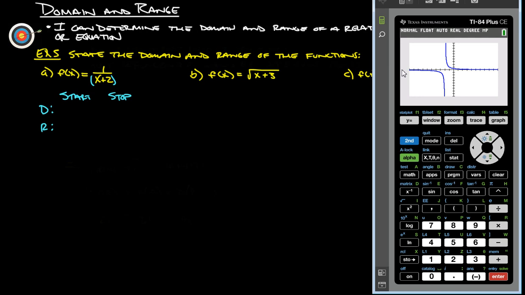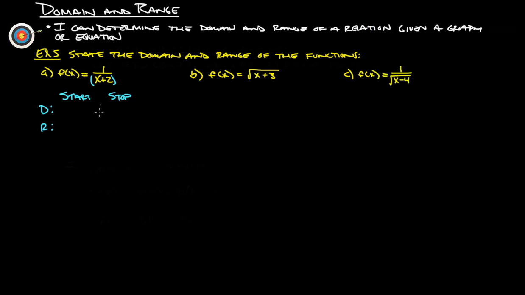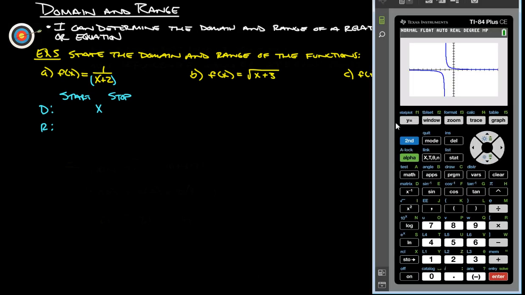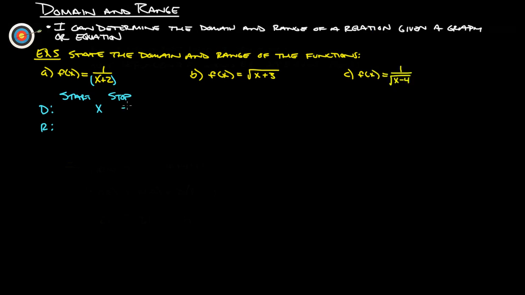The farthest to the left it's going to go is infinity, so it doesn't actually have a start, but it does have an endpoint here, at -2. It's really not stopping at -2, but that's where it's going forever and ever, and it's going to keep going.